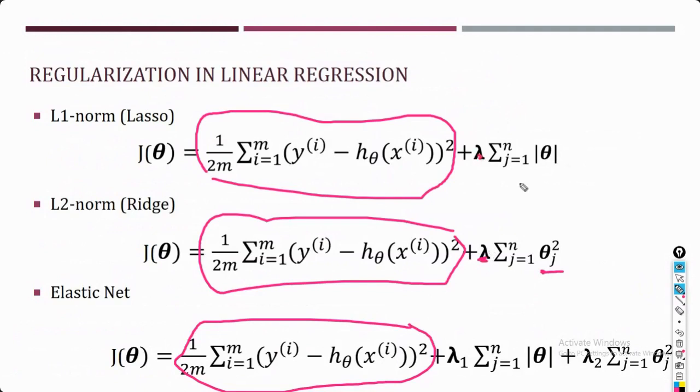Lambda is your regularization parameter. When you are taking the absolute value, it is known as lasso or L1 regression, and if you are taking the square, then it is known as ridge regression. Each of these regularizations has its own advantage and disadvantage. Lasso sometimes reduces the value of your coefficient to zero.